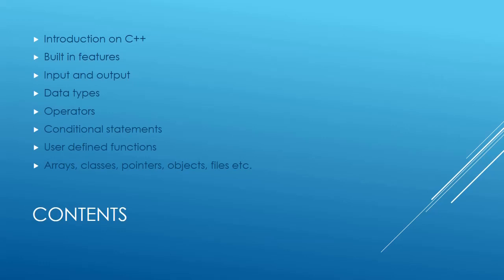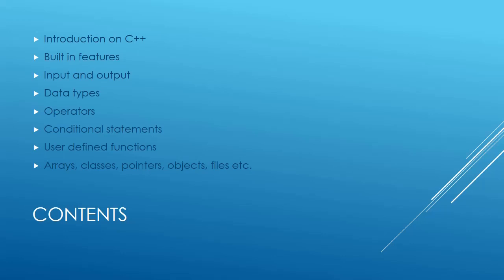In this chapter, we will be learning an introduction to C++, some built-in features in C++ which allow us to program with ease, some of the input and output features which allow us to get input and also give output from the compiler, and some of the data types, that is the types of data in which we can give input to the compiler and get output.